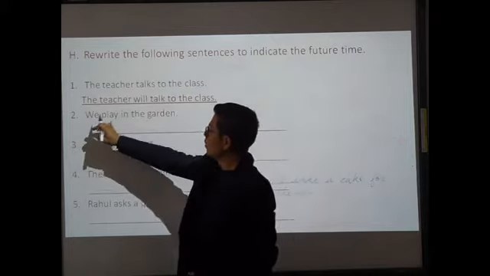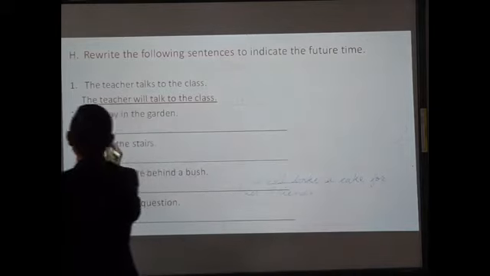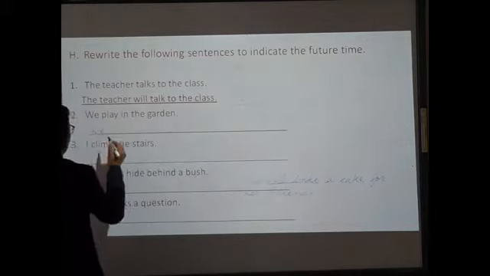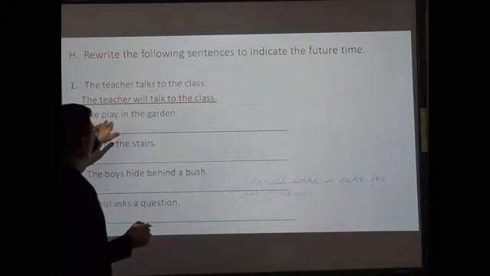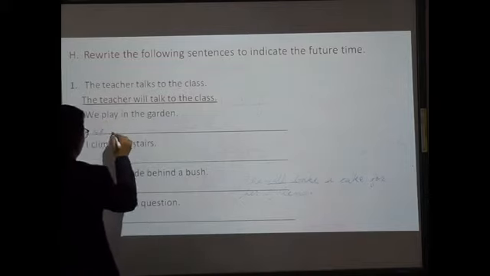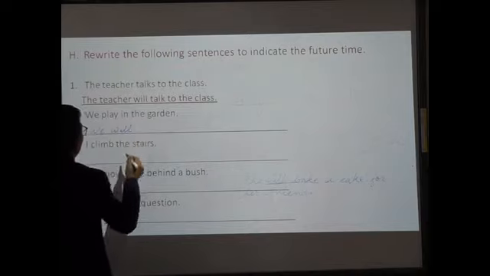Second one, we play in the garden. So here play is verb, isn't it? So before play we write will. We will play.